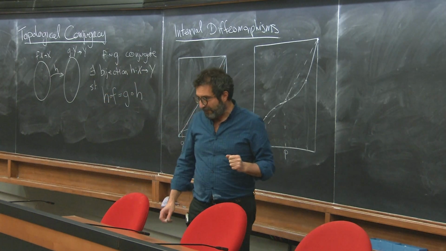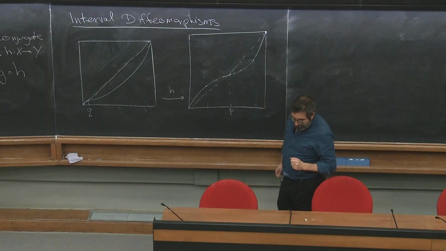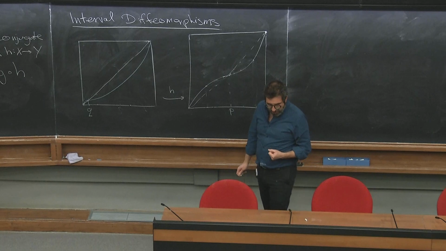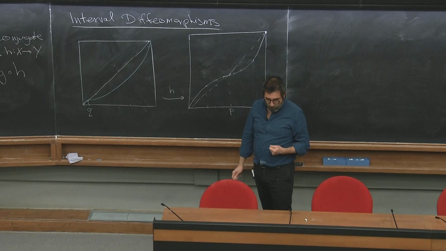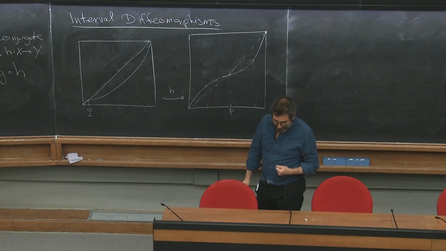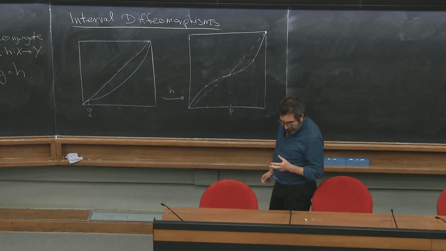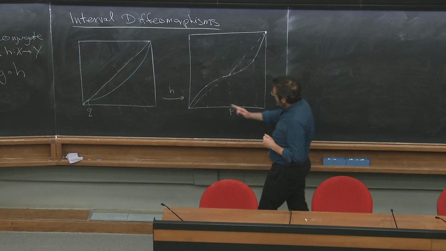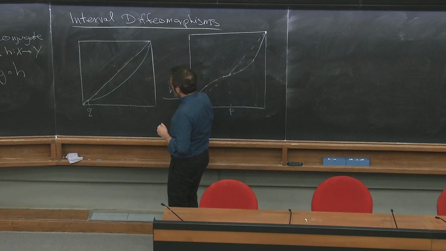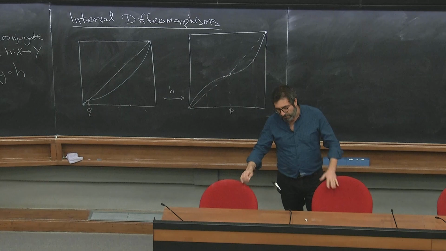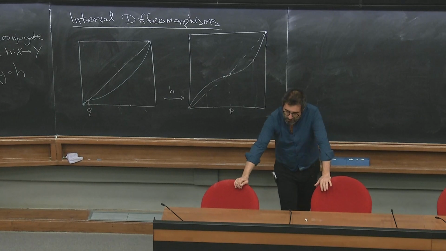Toluwani, what do you think? We talked about it just at the end of the last lecture, so we did not spend too much time on it. But if you have a C1 conjugacy, so if H is C1, it preserves even more structure of the maps. Do you remember what that was?